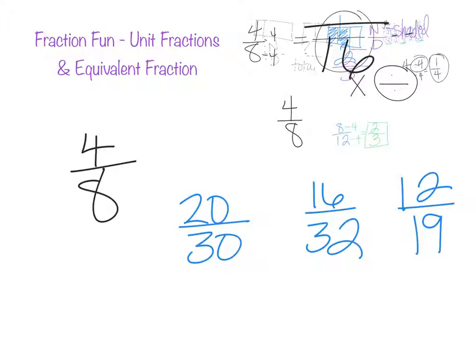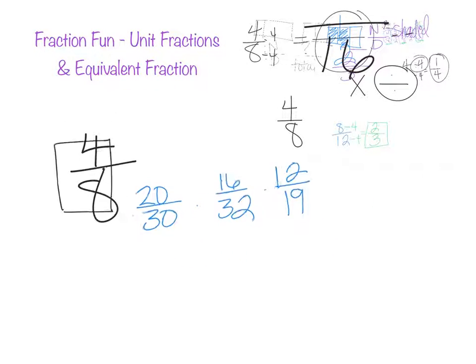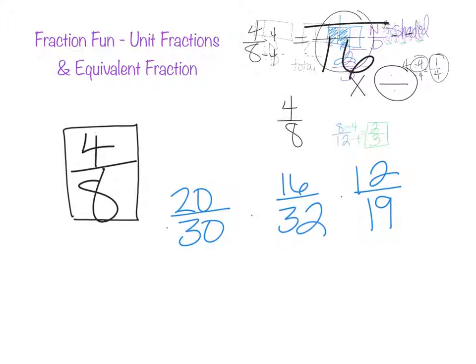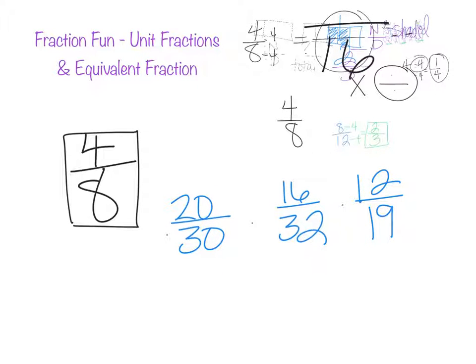Well, we notice that all the numbers in the fraction answer choices are bigger, so we know we're going to multiply. But we need to find an equivalent fraction. So taking this fraction, what could you multiply by that would give you one of these? Okay, now remember, we can always start off with 2.